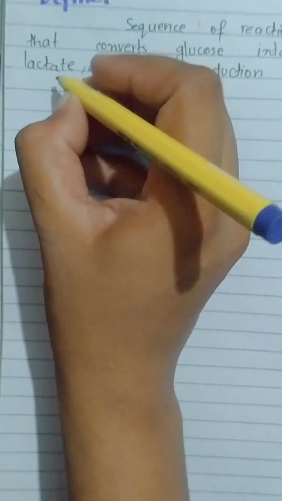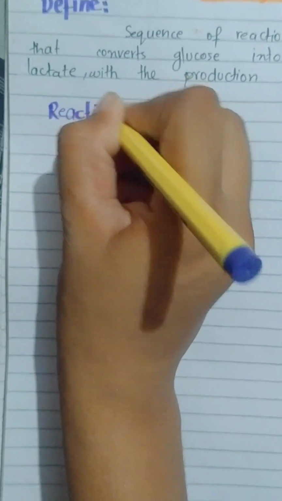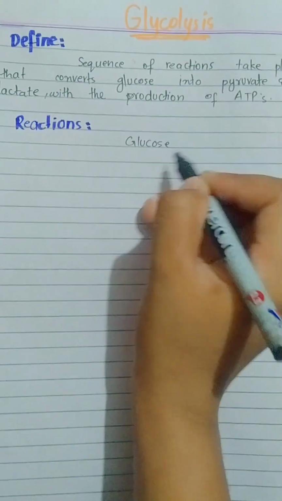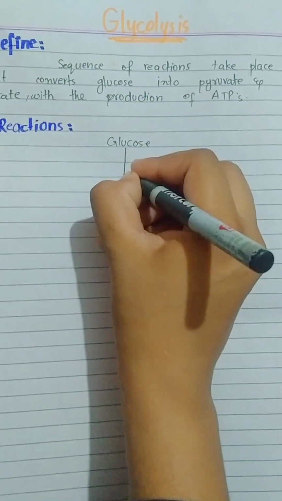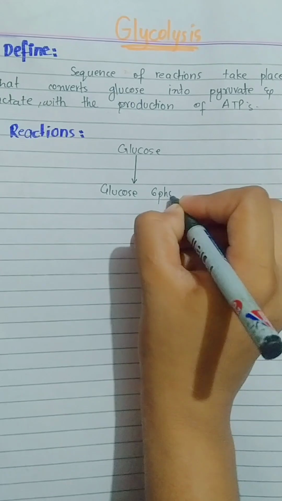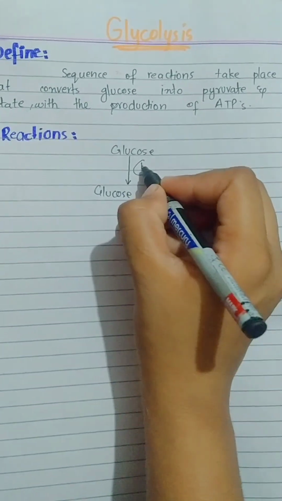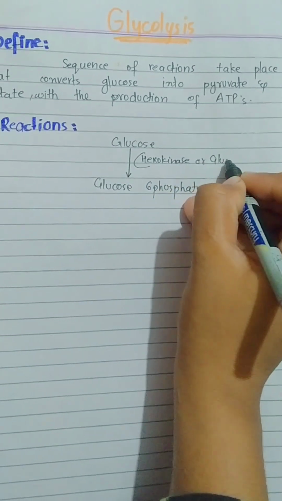Let's talk about the reactions that take place in glycolysis. First, glucose comes from the food that we eat. That glucose converts into glucose 6-phosphate in the presence of hexokinase enzymes or glucokinase enzymes.